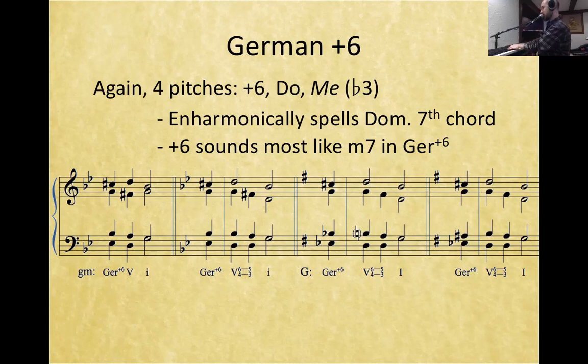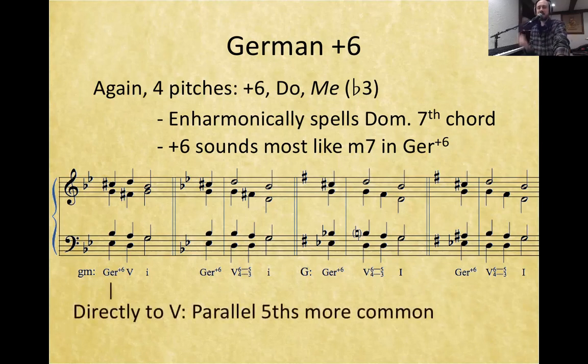And so what we're left with here is may kind of has to go to re. There are ways around it, but not if you don't want to end up with 3 Ds in this one, which would be problematic. So what we find is that if we go directly to 5, you are gonna run into parallel fifths.